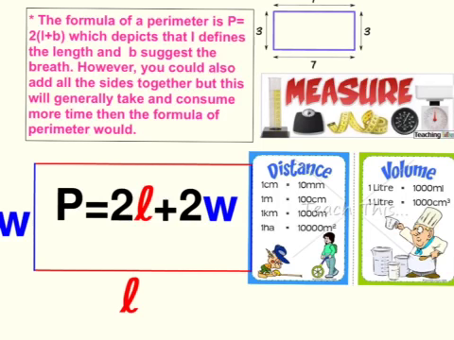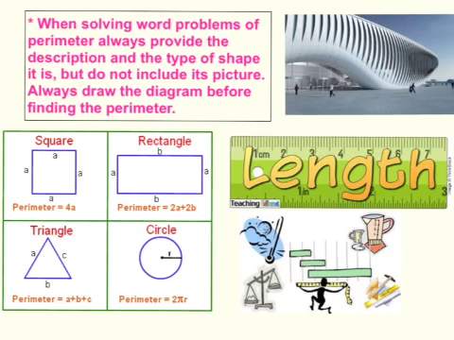P equals 2L plus 2W. So adding all the sides will only be done in a square or a rectangle, as you can add the lengths together and the breadths together, and then add the total amount. When solving word problems of perimeter, always provide the description and the type of shape it is, but do not include its picture.